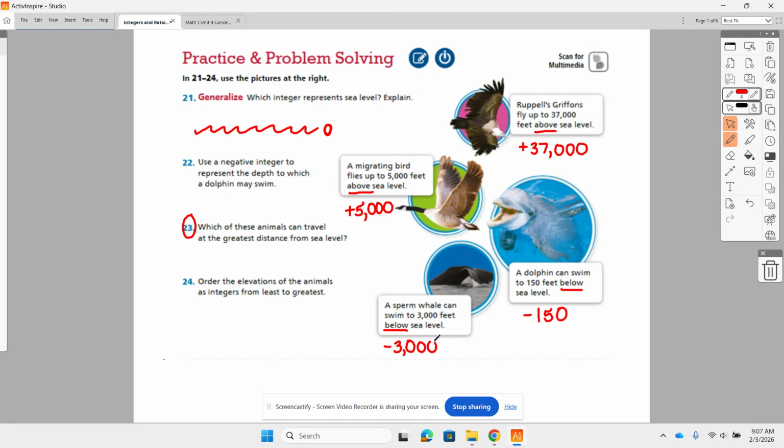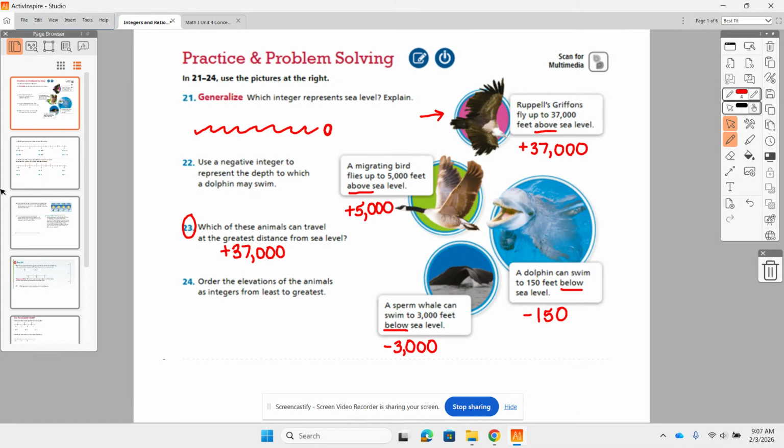Take a second, see which one you think is the greatest distance from sea level. Okay, if you are thinking the griffin, then you were correct. It is positive 37,000, which is the farthest distance from 0.